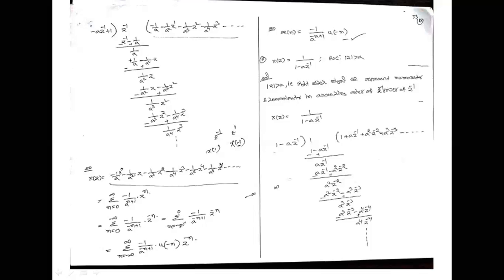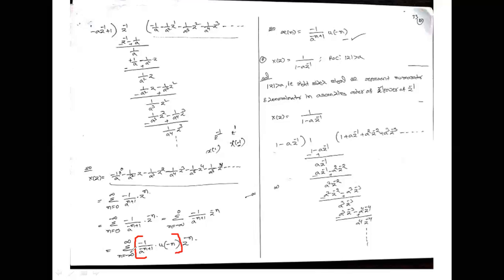But here it is minus infinity to 0, because it is a folded function. Keep the summation from minus infinity to infinity, with mu of minus n multiplied for the signal minus 1 by a power minus n plus 1. So this is x of n.